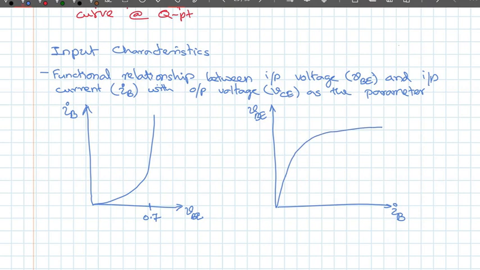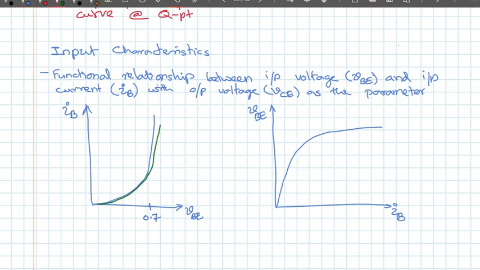One difference that we need to incorporate is what happens when there is a change in VCE. Now this change is very small, but in order to demonstrate what we need to show, I'm going to mark this a little bit bigger than what it actually is. Let me use a different color for this.